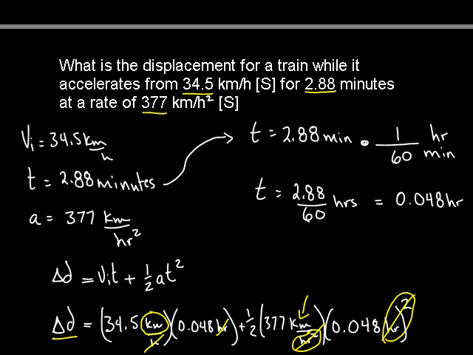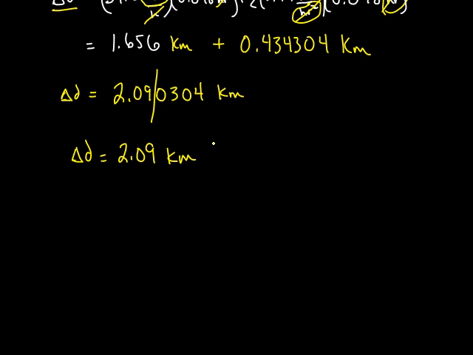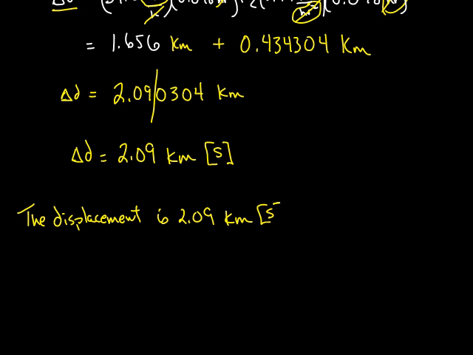Now, in what direction did it go? Well, I should take a look here. It was south. So we've got the direction of south. Put that in square brackets, and then write a statement. The displacement is 2.09 kilometers south.